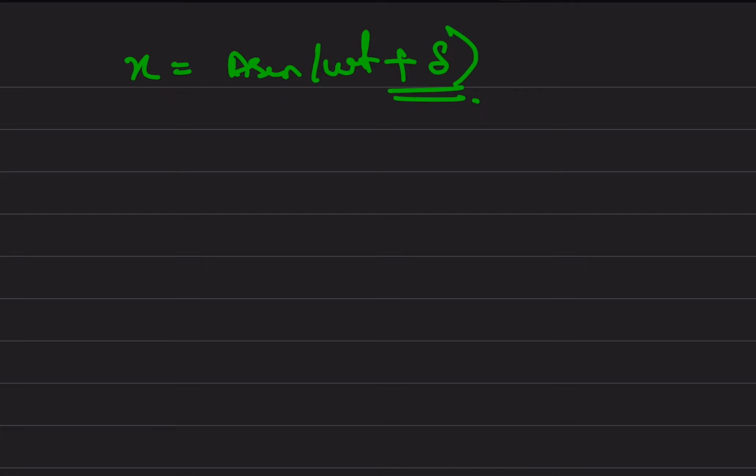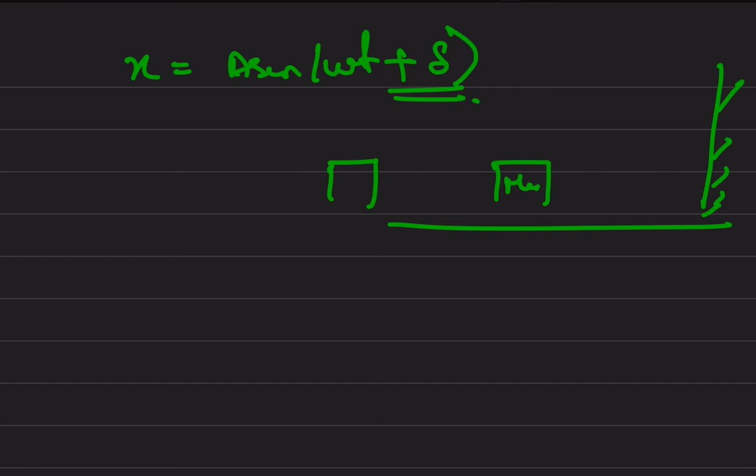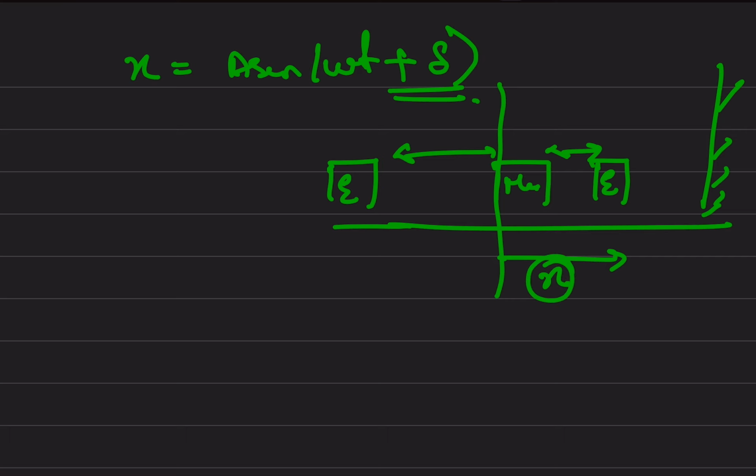Suppose that this is the block. This is the mean position, this is the extreme position, and this is the other extreme position, and these are equal. Suppose that when it goes to this position it undergoes a displacement of x.